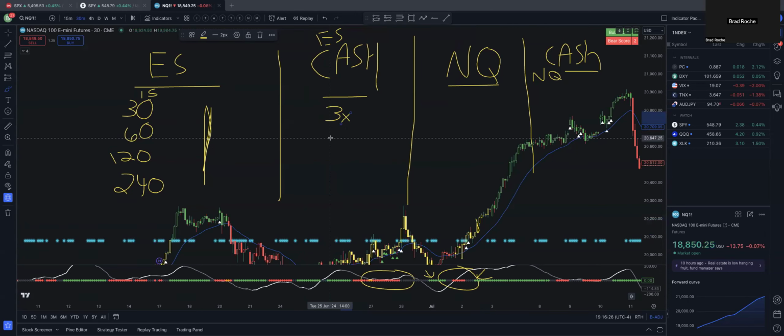The 30-minute chart is 2 times bigger. The 60-minute chart is 2.3 times bigger. The return on the 120 is 1.5 times bigger. The return on the 240 is 2 times bigger.